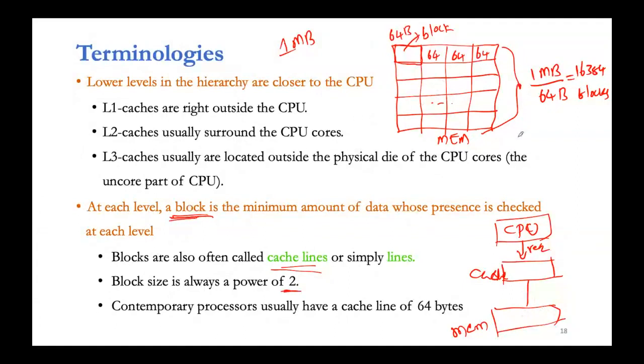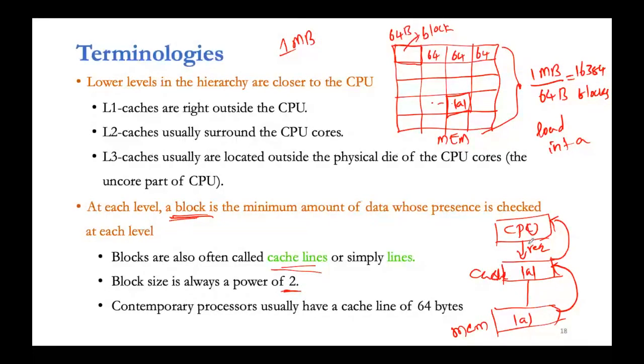Suppose it wants to load the integer a, which is somewhere in a block in the main memory and not available in the cache. That a will be located in main memory and sent back to the cache. The cache keeps one copy of that a and then loads it into the CPU for execution.